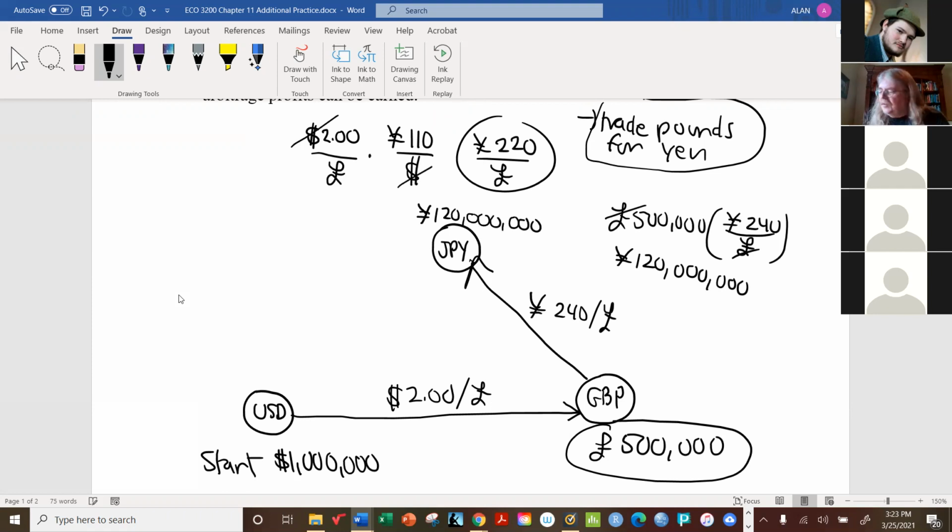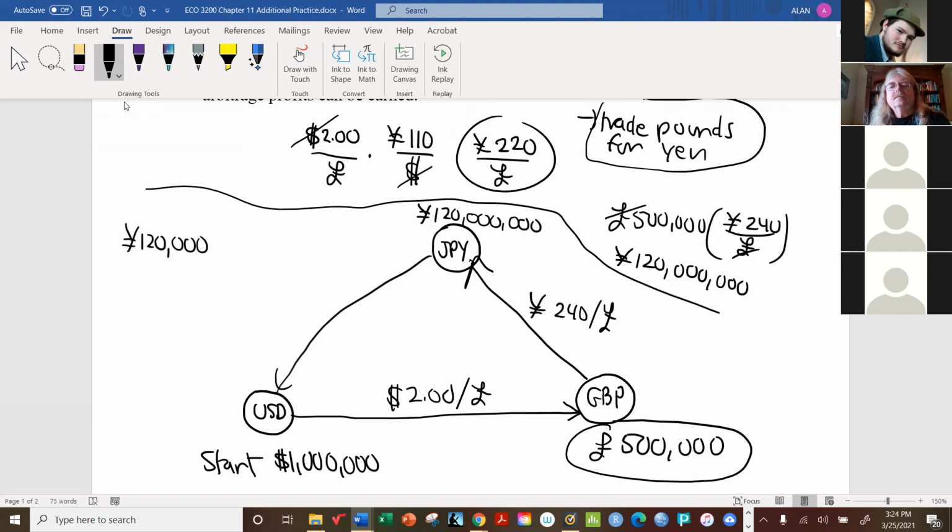And now the last step is to bring these back home to the United States and convert them into dollars. Now here, what we're going to do is divide. Okay, so we'll have 120 million yen. Wait, I'm sorry, really quickly. Why are you multiplying pound to yen again?